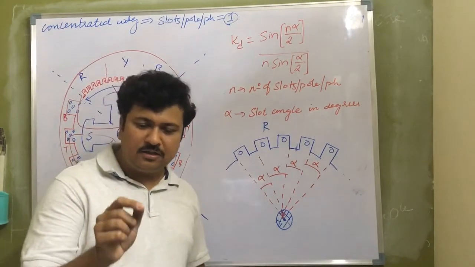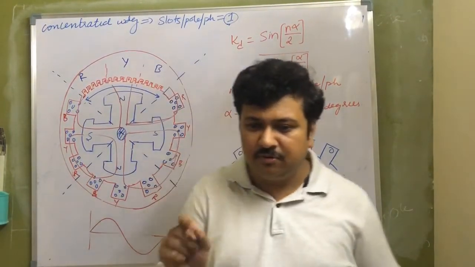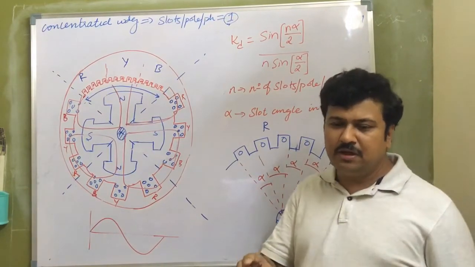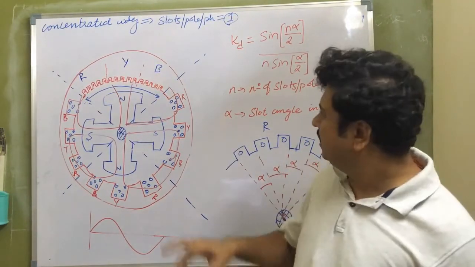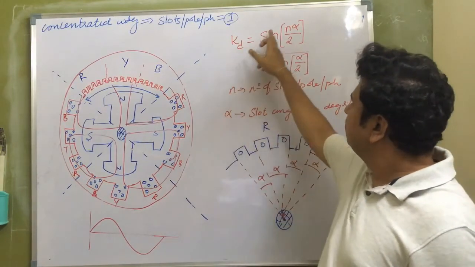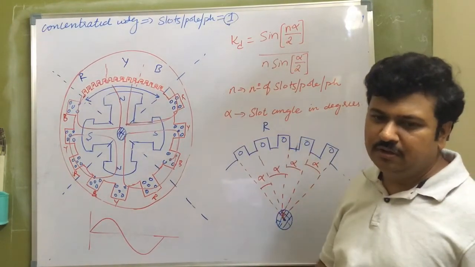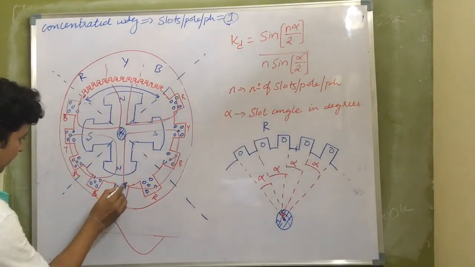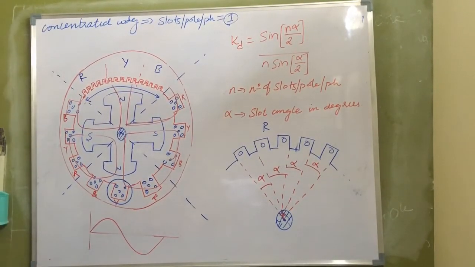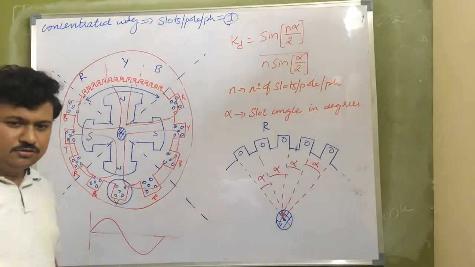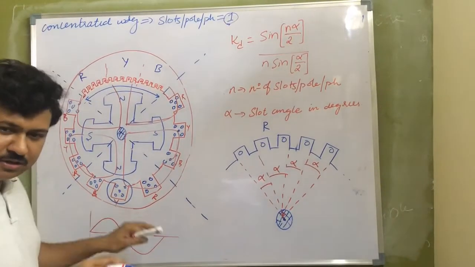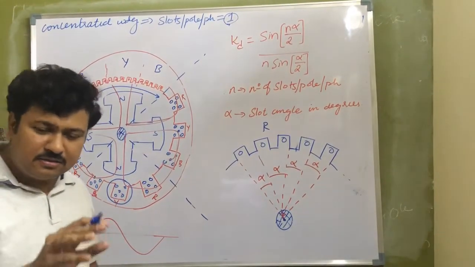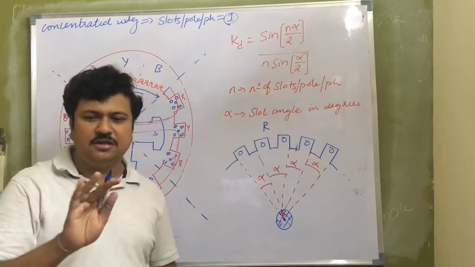So when I take the phasor positions of each EMF induced in each conductor and add them, it becomes a vector sum. That is the ratio of vector sum to algebraic sum. In concentrated winding, all the conductors per pole per phase are in a single slot, so all 5 conductors are cutting the same flux simultaneously.